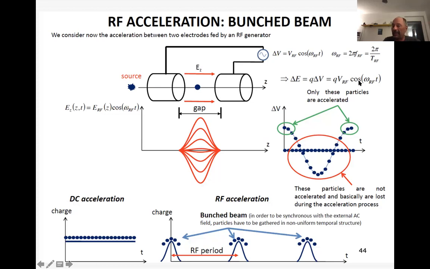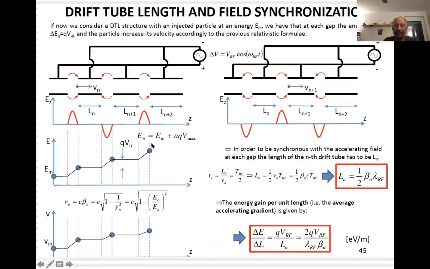The delta E must be equal to this one. I'm not going into many details here. The basic law that you get is that if you really want to have synchronous acceleration, this is the condition that you have to satisfy.